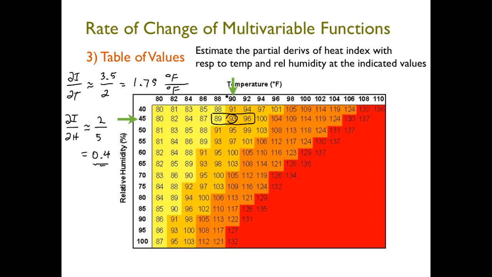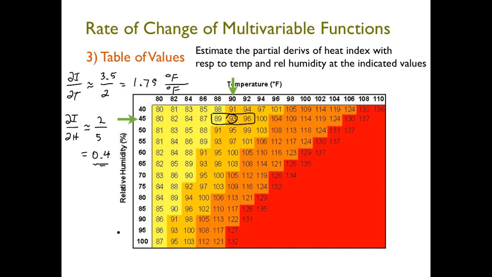So when the temperature is fixed at 90, given a small change in humidity, the change in how it feels outside will be, finish it, 0.4 times the little change in humidity.